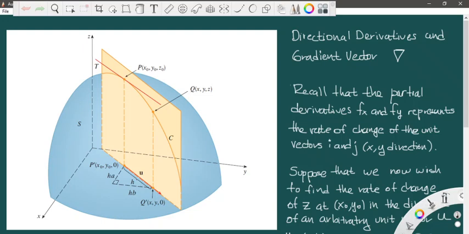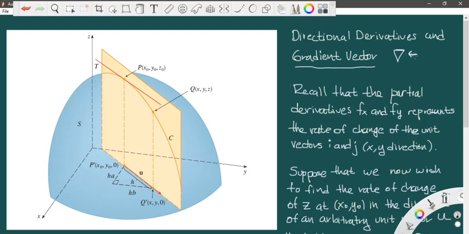Okay, this new topic is named directional derivatives and gradient vector. Gradient vector, directional derivatives.